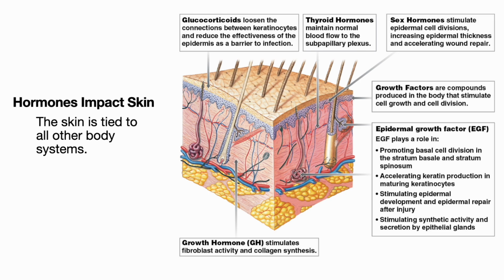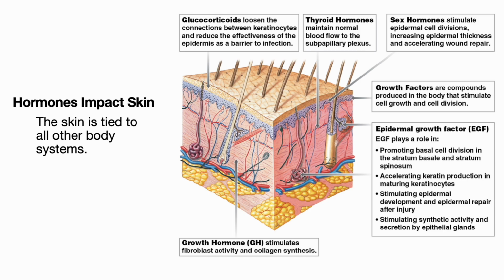Thyroid hormones, they help maintain normal blood flow to the subpapillary plexus. So any changes to your thyroid could impact your hair follicles. Your sex hormones help stimulate epidermal cell division. So if those decrease, as we saw with aging, that will have an effect on the epidermis. Growth factors are produced all over the body and stimulate cell growth and cell division.